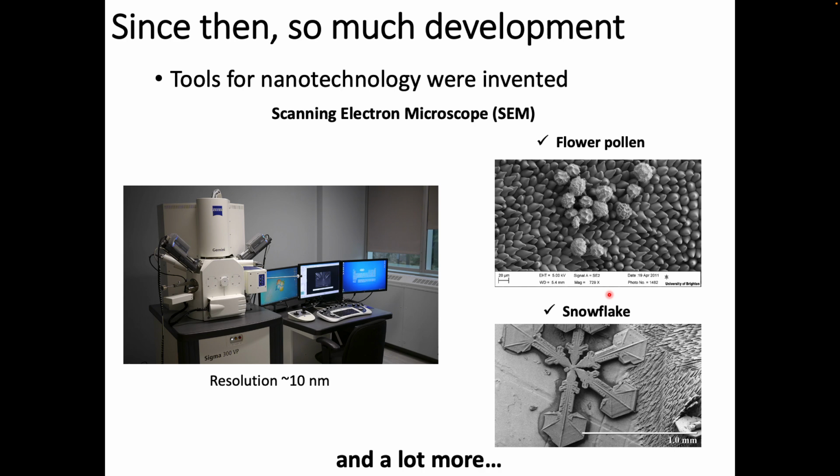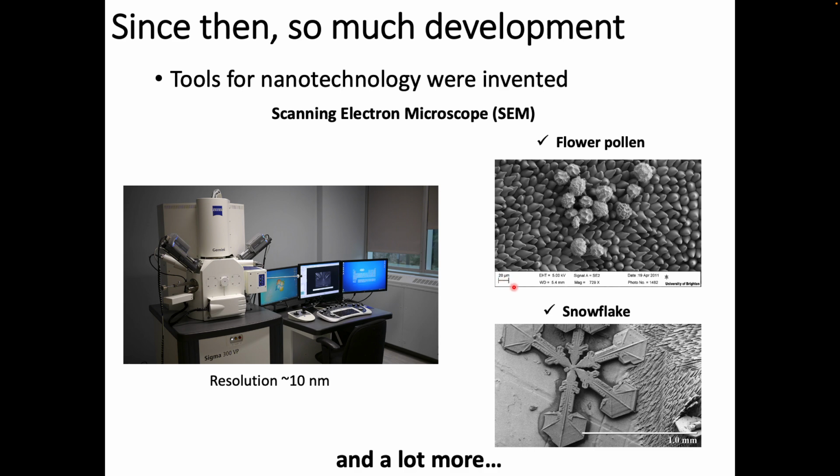In terms of resolution, this one is a little lower than the TEM, but it still has very high resolution, about 10 nanometers. Also, with the SEM you can get images of large features as well. For example, this is a flower pollen, and this scale bar is 20 micrometers, so it's relatively big.